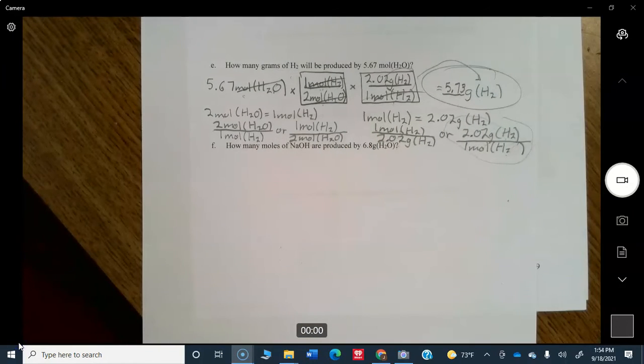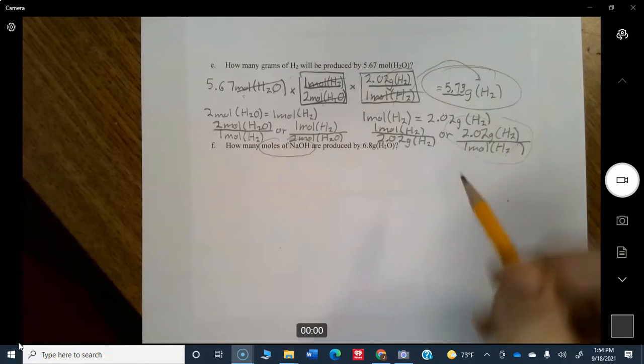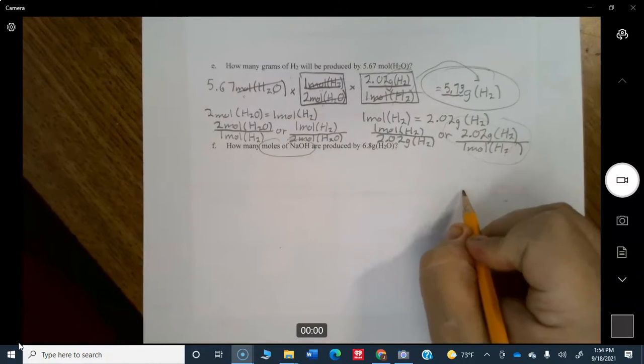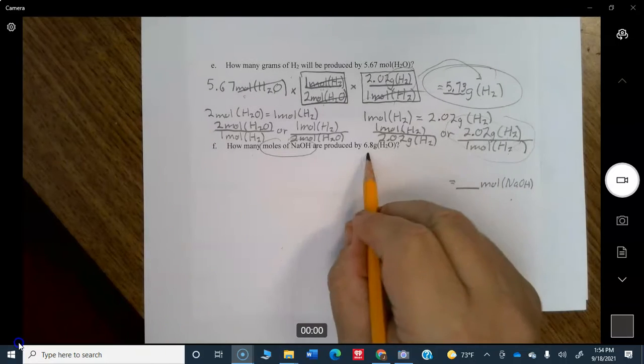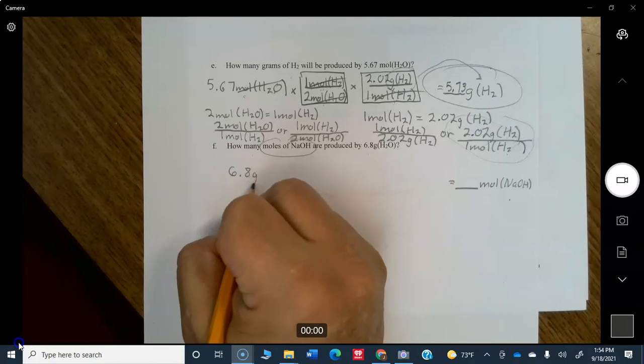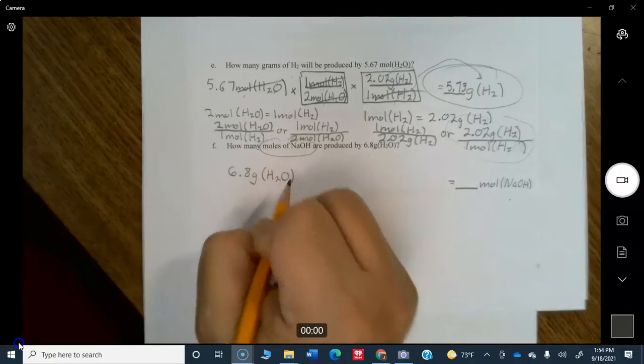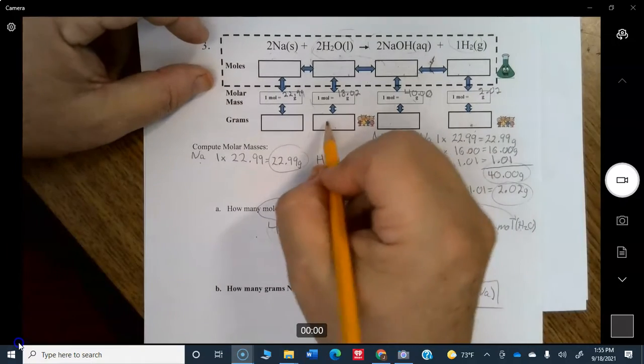Okay, and here we go. Last part of problem 3. So it's looking for moles of NaOH. So we're going to go ahead and write this over here. We're starting off with 6.8 grams of water. So we're starting off here with grams of water, 6.8.